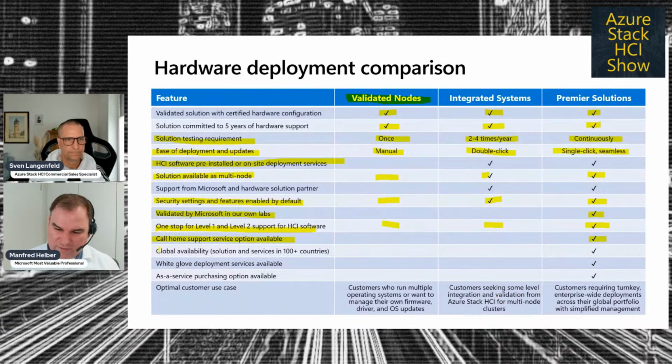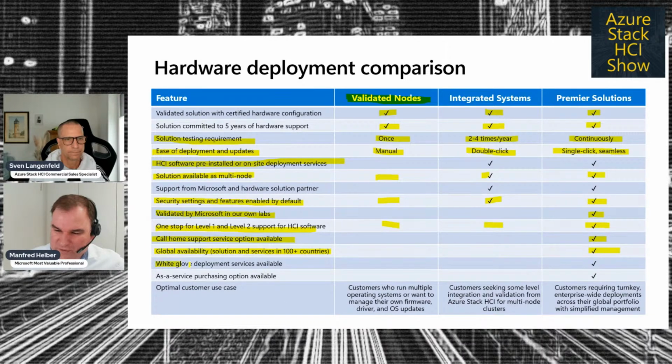Also, for enterprise companies that are operating worldwide, is this solution available in more than 100 countries? This is also a must-have in Premier solutions. So I can be sure, if I have departments in different countries worldwide, the Premier solution vendor has to offer their services there.